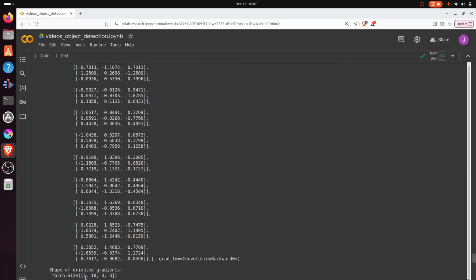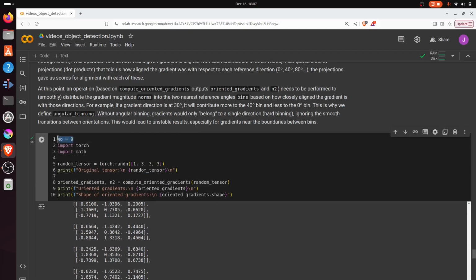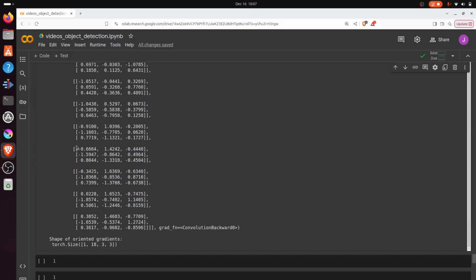Yeah, exactly. So we get 18. Why did we get 18 in the first place? Well, remember that we are dealing with 9 orientations, but also that the compute oriented gradients method took into account both the positive and the negative orientation. So if we originally have 9 directions, we need to multiply by 2 to also take into account the negative direction of the gradient. That is why we get 18: one block per possible orientation, taking into account both positive and negative.